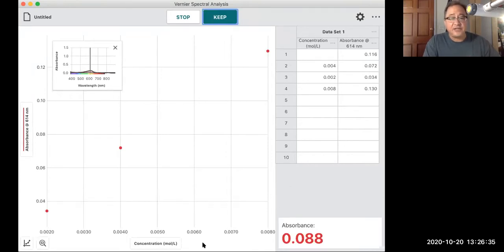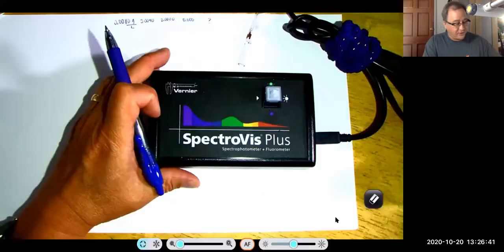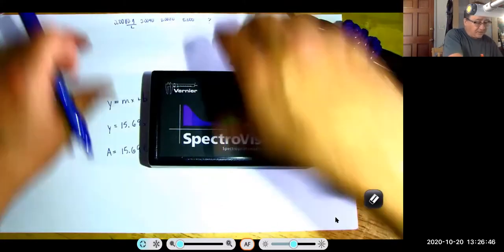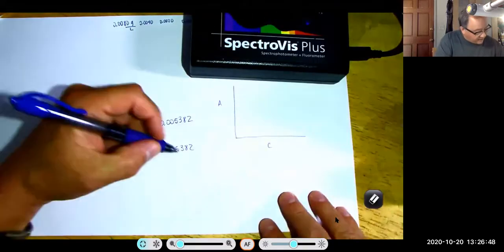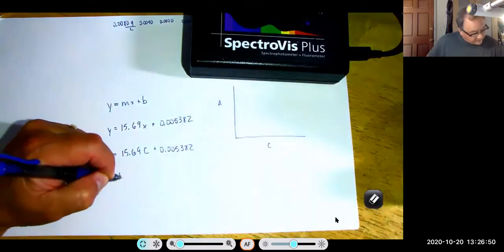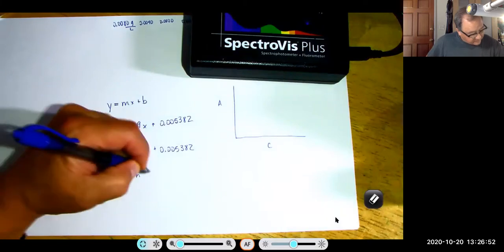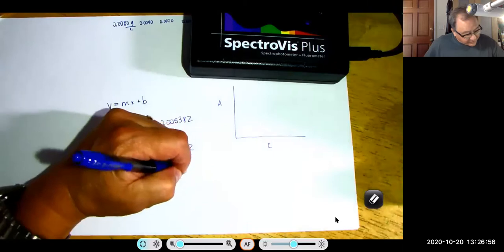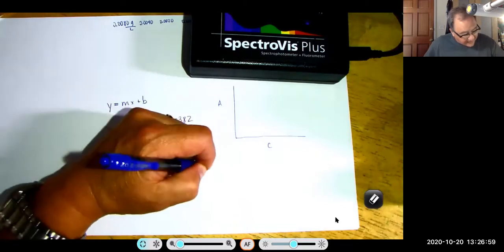And I'm going to do a different share. So here's that solution of unknown concentration. I'm going to set this all off to the side. And we have for the unknown solution that the absorbance is equal to 0.088.